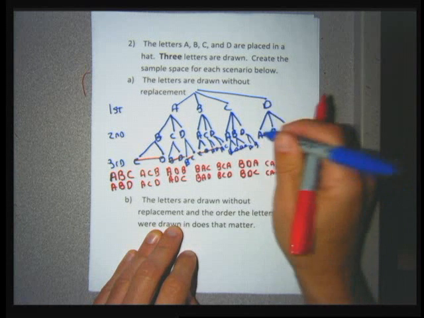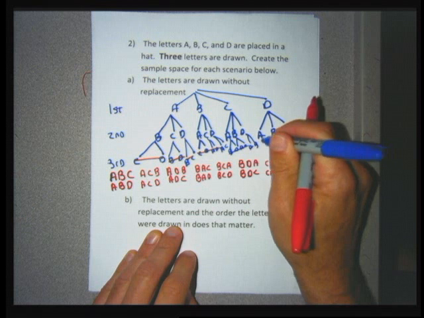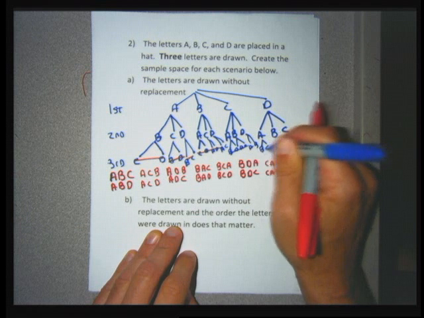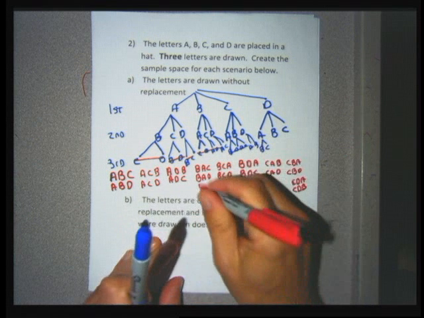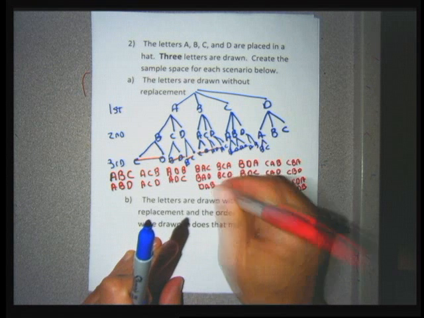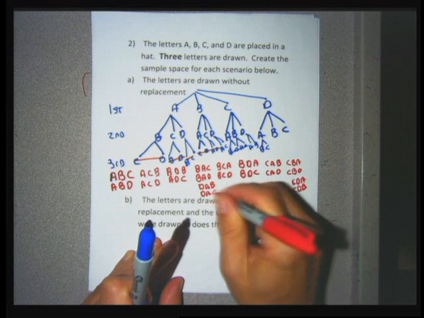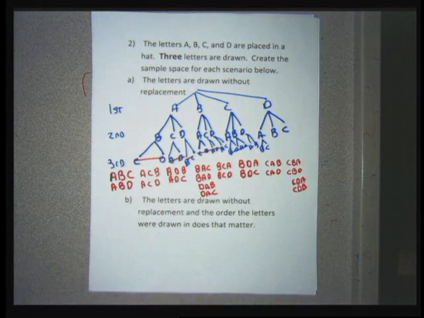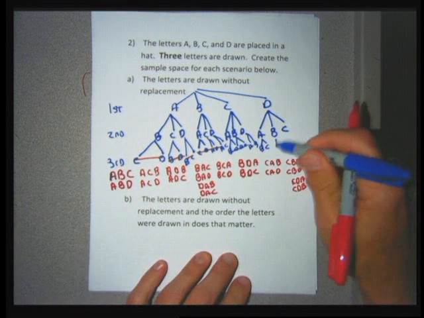I'll do the DA. So if D is first, A is second, I still have the B and the C left. So I'd get a DAB and a DAC. The order that I write these in doesn't matter, so I'm just trying to make them fit in the room that I have.